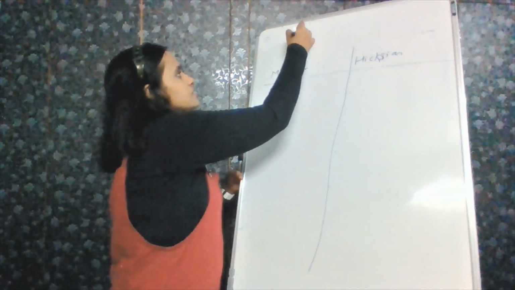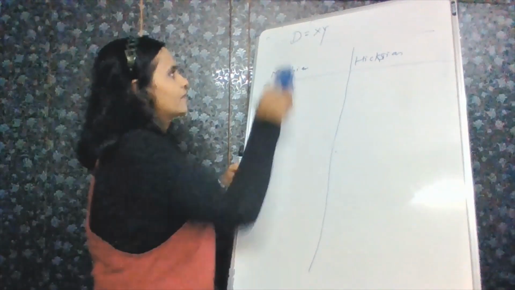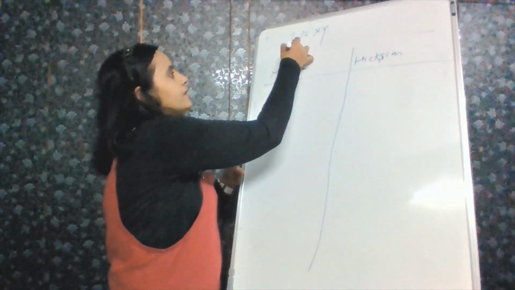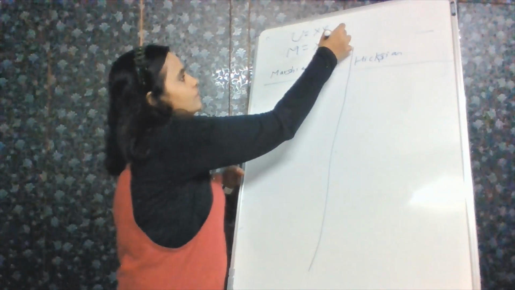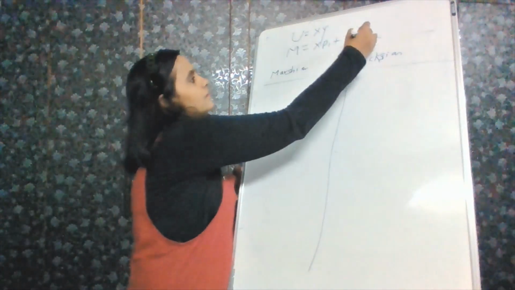So consider your utility function is xy, and your income constraint is x p1 plus y p2 equals m.